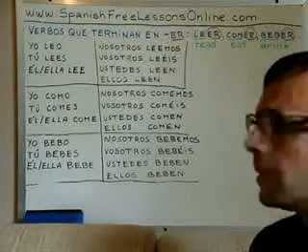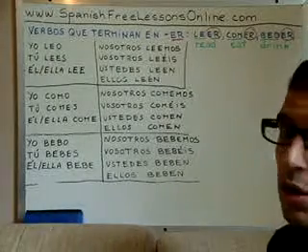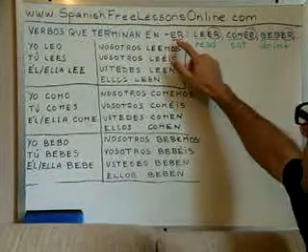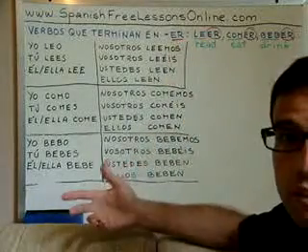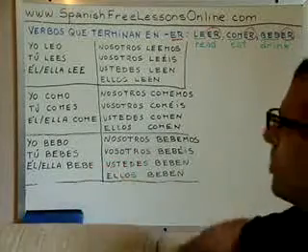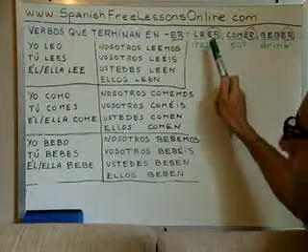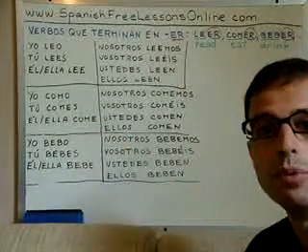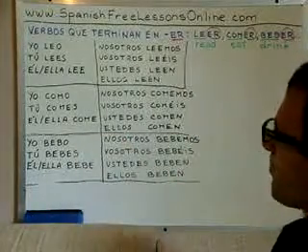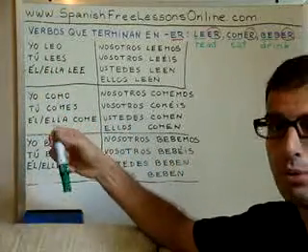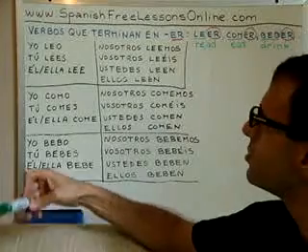Beb is the root. So the root of the verb is what is not the ending of the verb, right? What classifies it into the three groups, okay? So the ending is ER, and all the rest is the root of the verb. So, for the verb leer, or to read, we'll conjugate it like this.